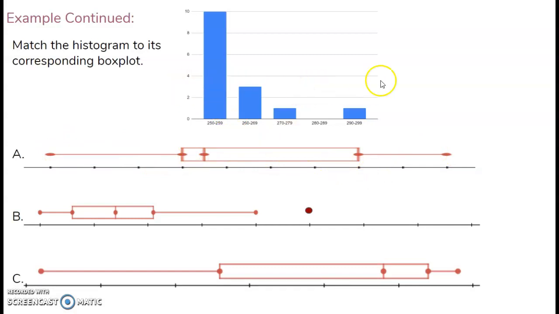So this one would have had bars that were probably a lot more equal in height. And there would have just been a lot more information, more solid in here. The median was still a little more towards the lower end, so the taller bars probably would have been on this side. But you can see that the data is really spread out in letter A. So our option is B for this histogram. There it is.